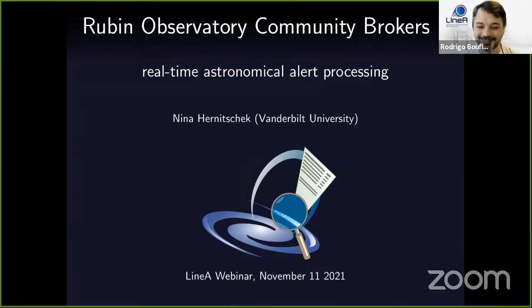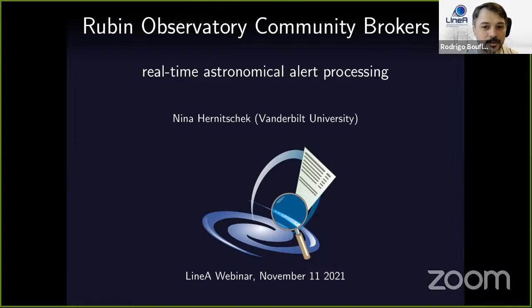So let's start. Hello, everyone, and welcome to another talk in our webinar series. Today, we have the pleasure of having Dr. Nina Hernitschek from Vanderbilt University. She's an astronomer very interested and involved with big data challenges in astronomy.